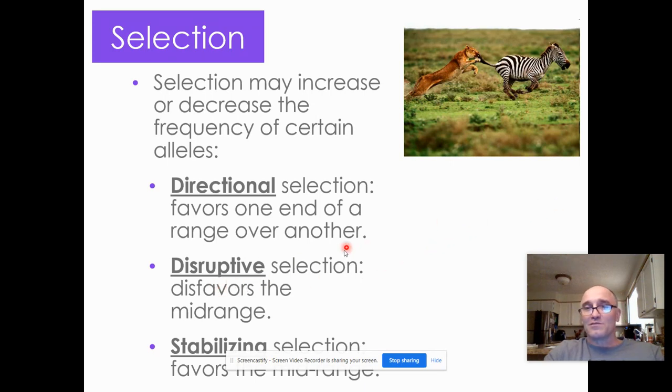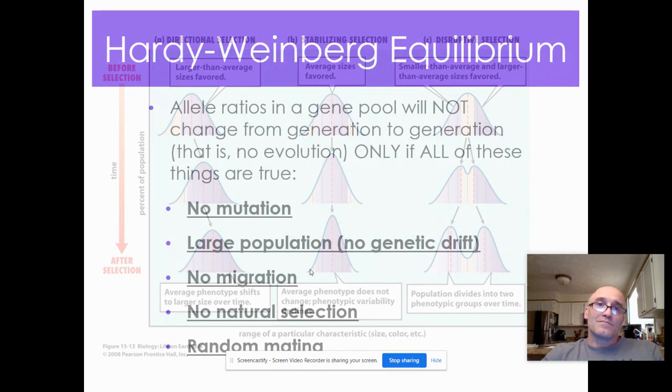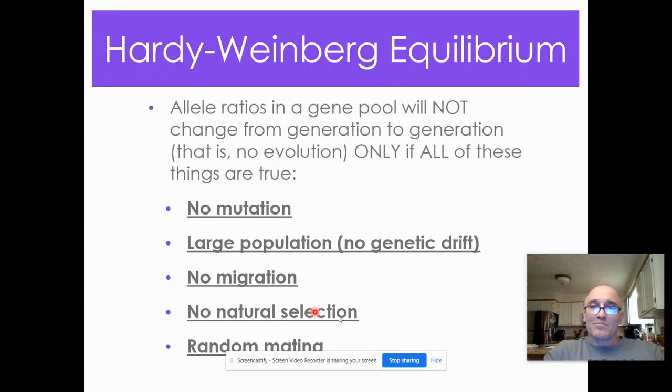Disruptive means the two extremes are favored and the average is not. And then lastly is stabilizing. So the opposite of disruptive would mean the average is favored and becomes more common, and the two extremes are less. But at any rate, natural selection, that's always going to happen. It's not possible to have no natural selection.